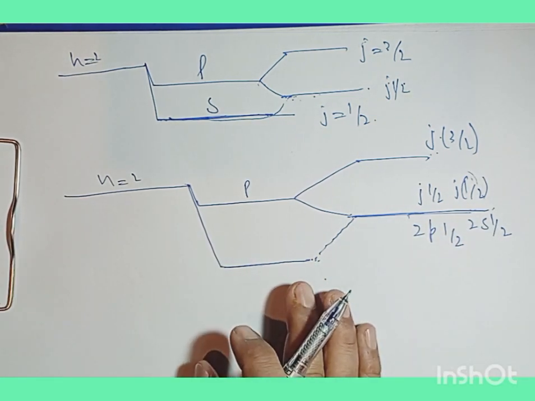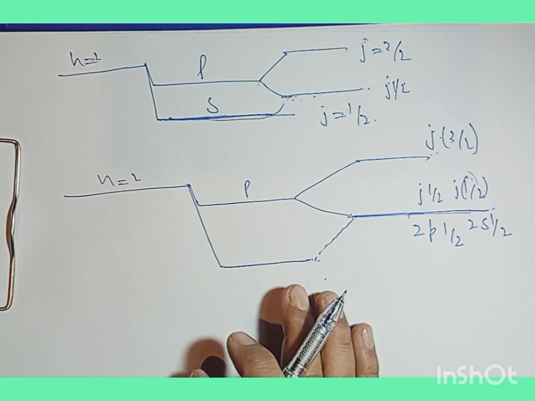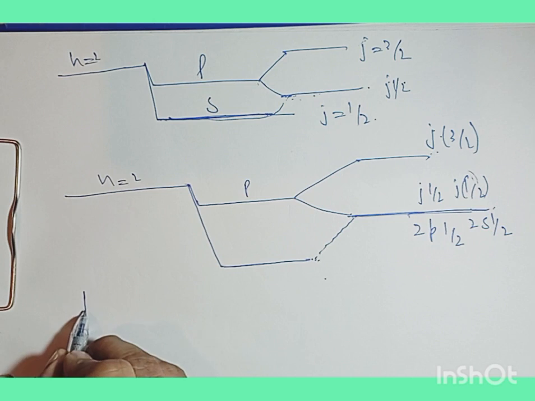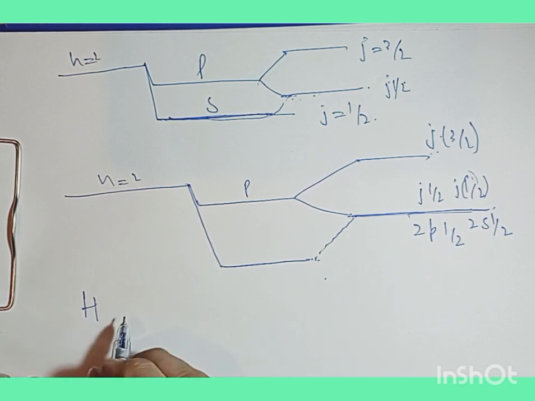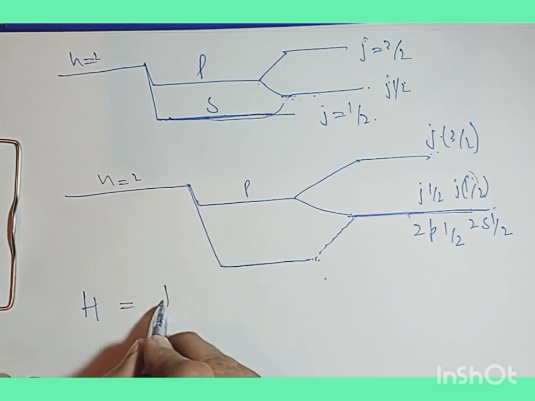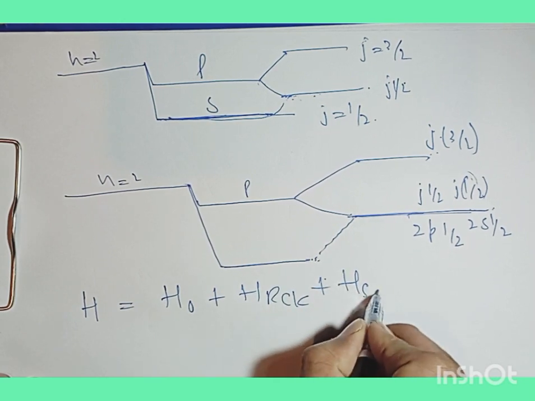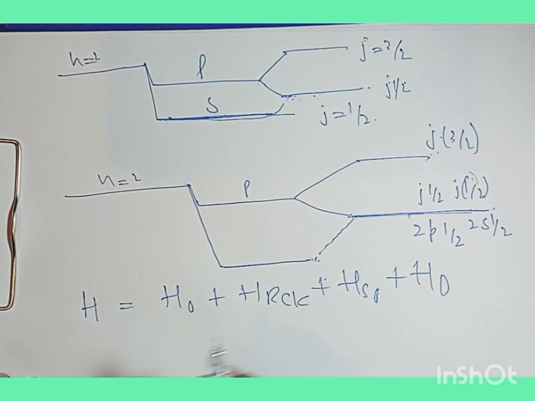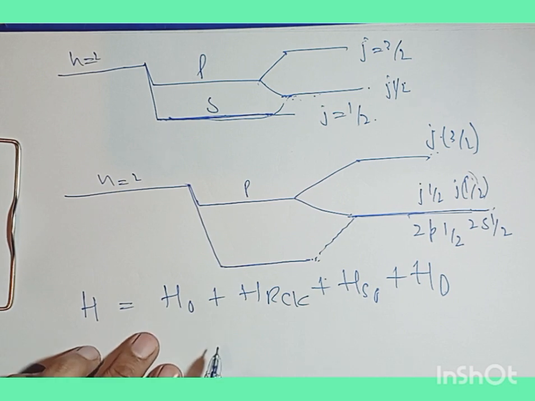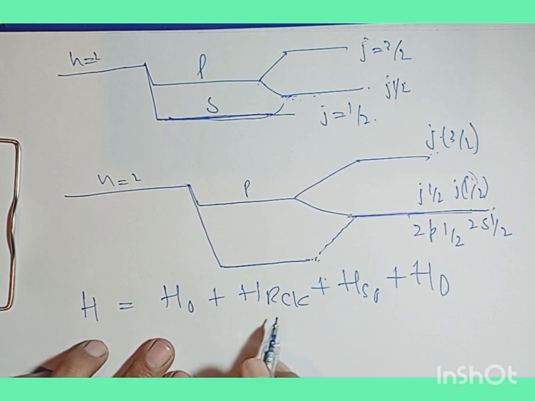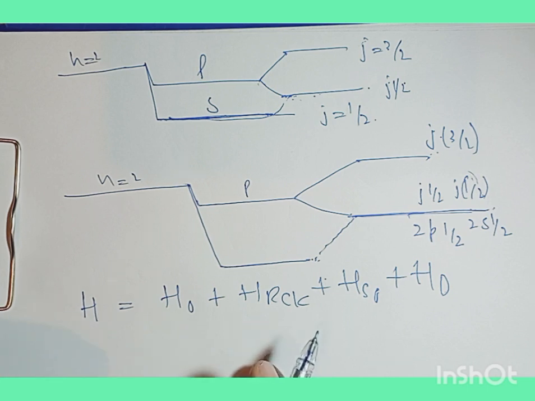So to summarize what we have tried till now, we have the overall Hamiltonian, and we have added the terms due to the perturbations involved in this problem. So that is H0 plus H relativistic plus H spin orbit plus H Darwin. For every Hamiltonian we have the corresponding eigenvalues.